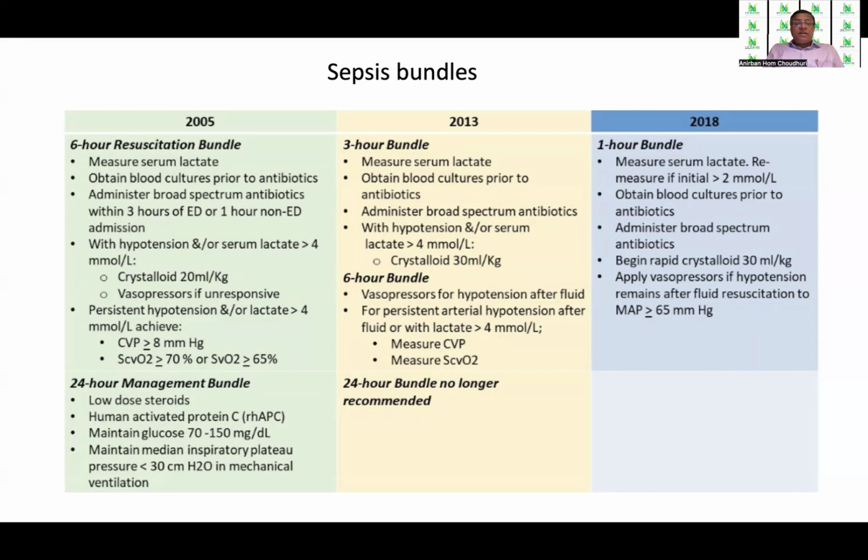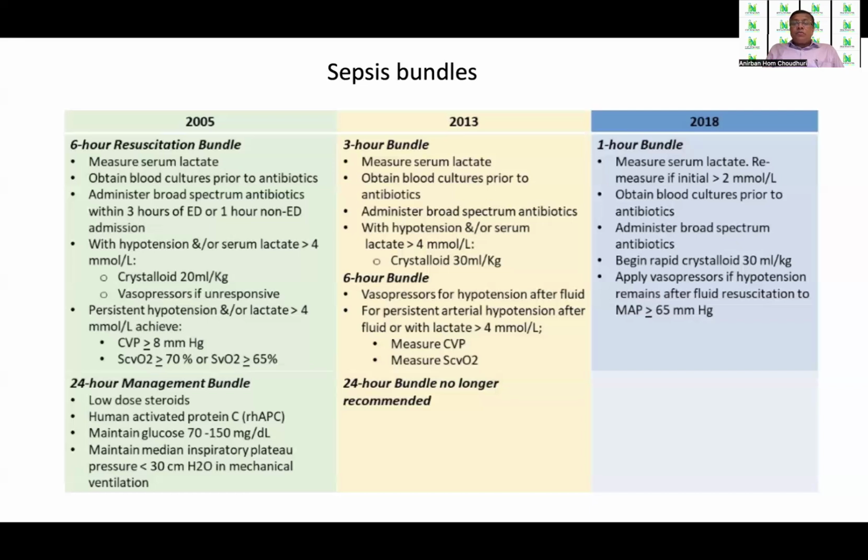Subsequently, in 2013, it became a 3-hour bundle and a 6-hour bundle, and the 24-hour bundle was no longer recommended because the importance of time assumed more and more importance in this intervening period.